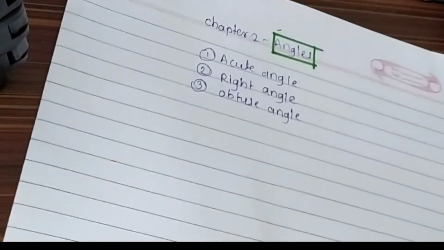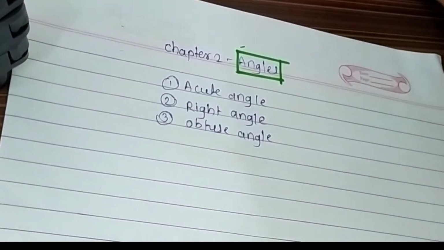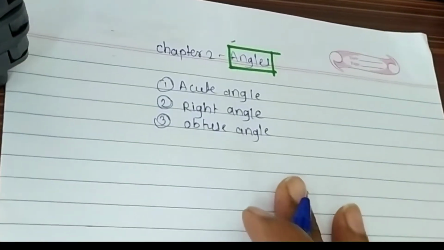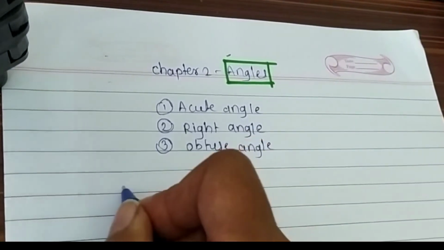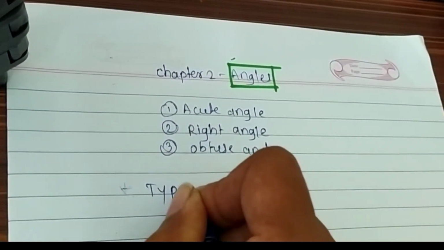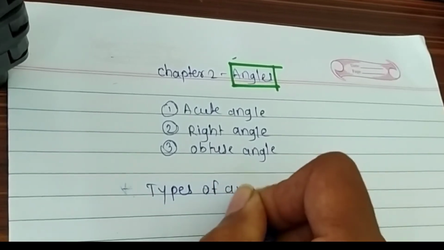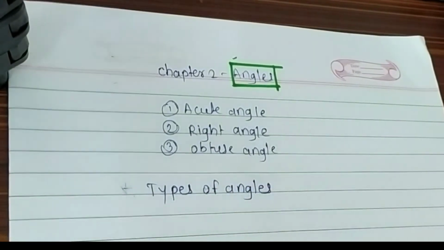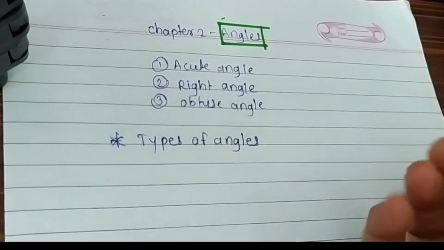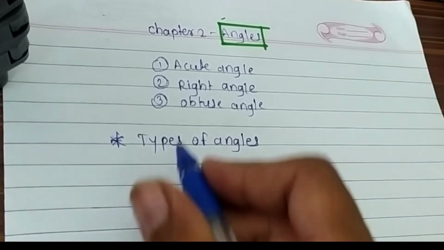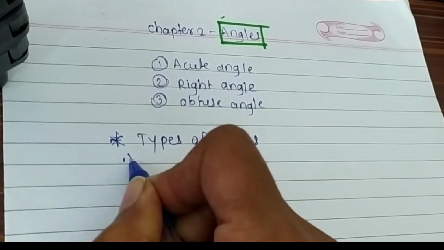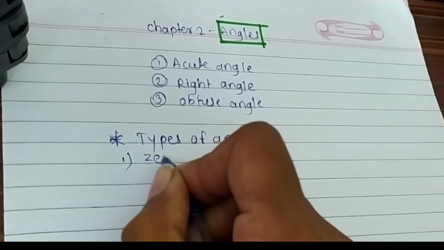Now, in this chapter, we'll learn more about angles and their types. So let's learn about types of angles. In this chapter we are going to learn about the first one, zero angle.